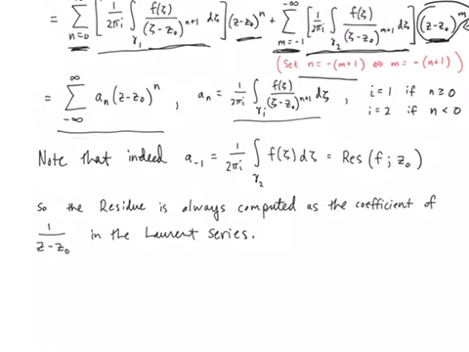And so in general, the residue is always going to be computed as the coefficient of 1 over z minus z naught in the Laurent series. And so that gives us a method of computing the residue: we should try to find a Laurent series expansion for our function, and then we'll have an alternative way of computing the residue.